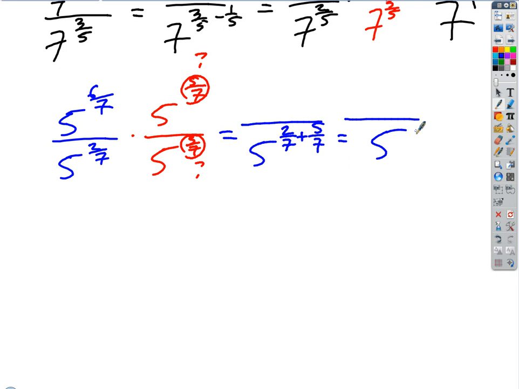It's the same thing, but with 5 to the 6 sevenths times 5 to the 5 sevenths, which is 5 to the 6, 7, 8, 9, 10, 11 sevenths. So 11 sevenths.